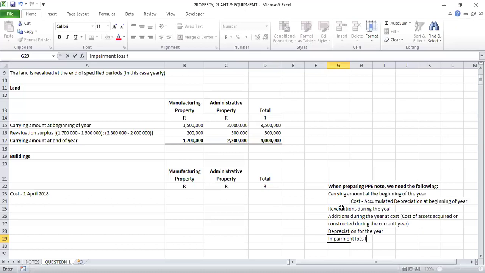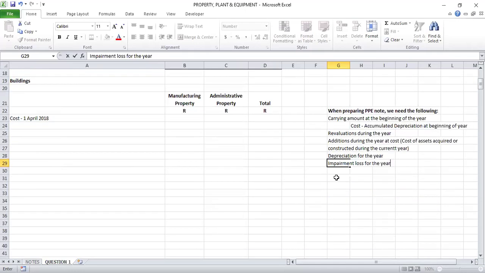Before I explain it, we'll do it in broader detail when we do impairment. It's a topic on its own. I'll do it in broader detail at a later stage, but today I'll just explain a small thing that might apply to our question.